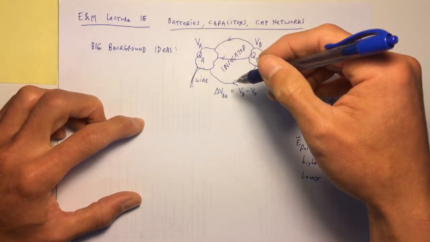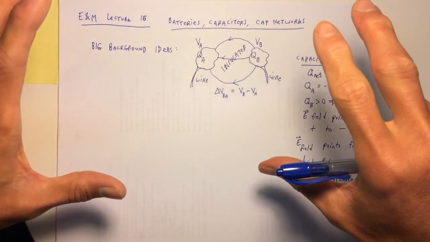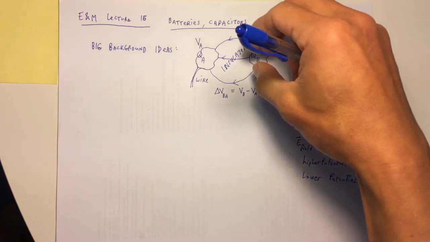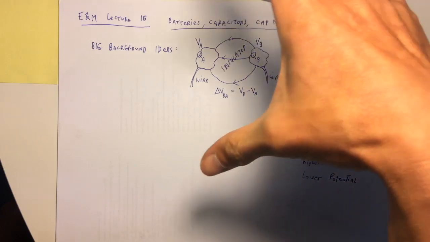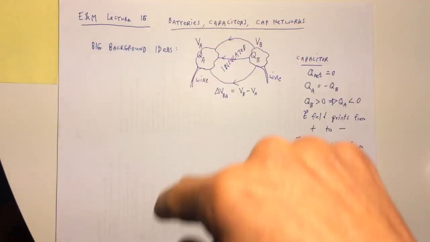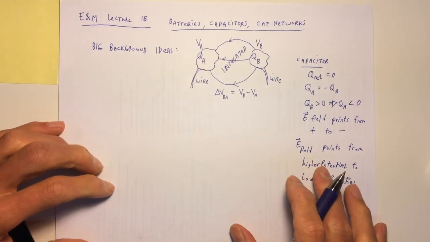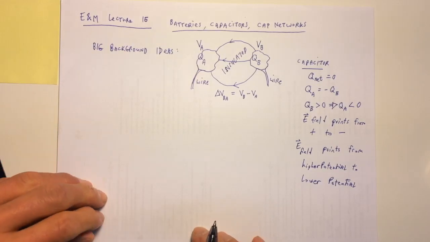So none of these field lines actually make it all the way to infinity without coming back. That's a kind of weird thing to say, but the field lines are going to emerge or source out of the positive charge, and all of them are going to sink into this negative charge. Okay, all right, so this is some background idea.